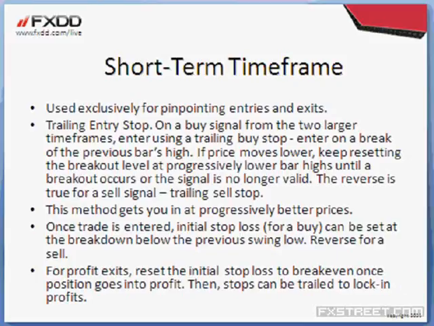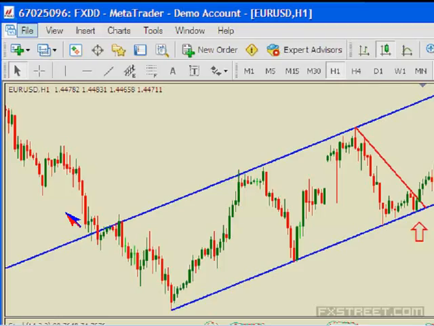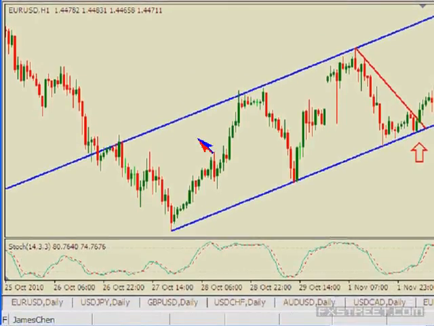Okay, so let me show you. I'm not sure if I'm going to have a lot of time to go to my ranging markets one, but let me show you real quick. Let me go ahead and show you my charts. Let me pull up my profile, and hopefully you can see my charts here.